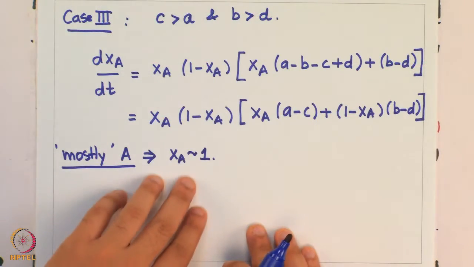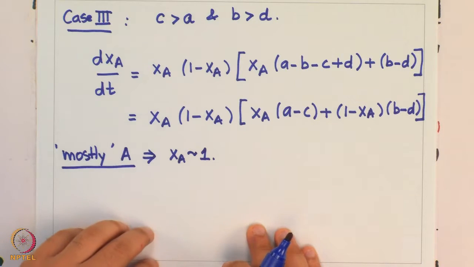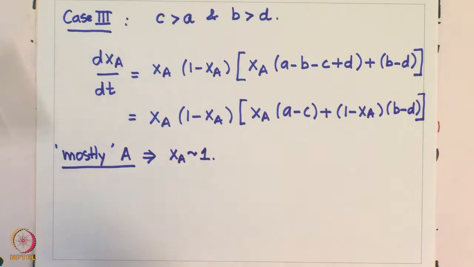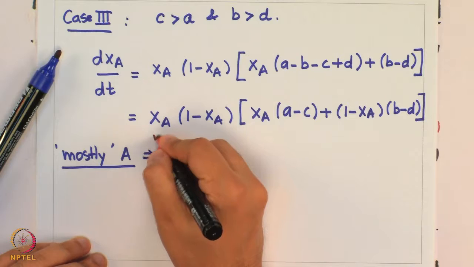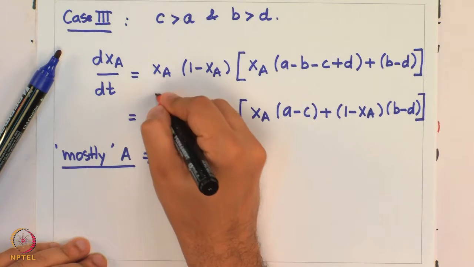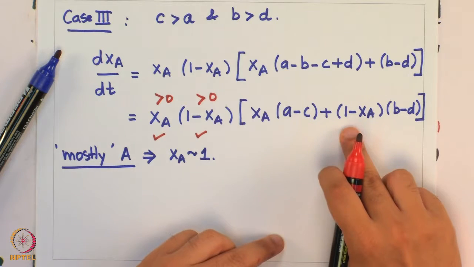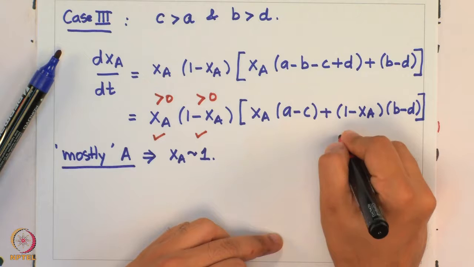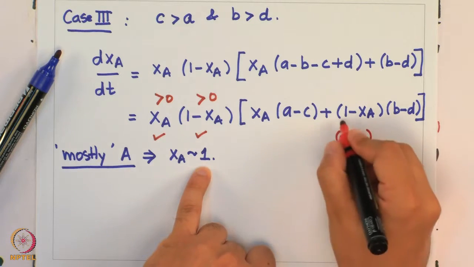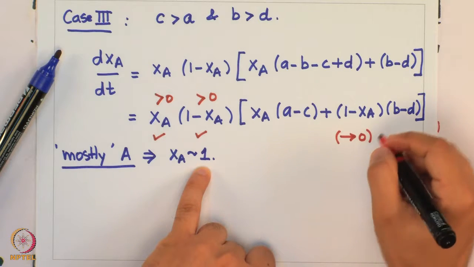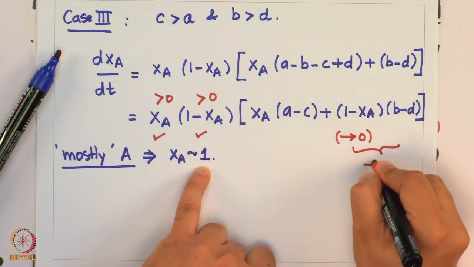So, if we have mostly A, that means xA is slightly less than 1 because xA cannot exceed 1. In that scenario, let us look at what this dynamical expression is telling me. In that case, this is greater than 0, this is greater than 0. So, these two are no problem. In that scenario, 1 minus xA approaches 0 because xA is approaching 1, hence 1 minus xA is approaching 0. So, I can ignore this particular expression as almost 0.